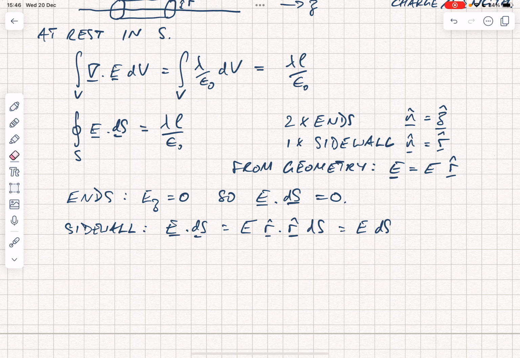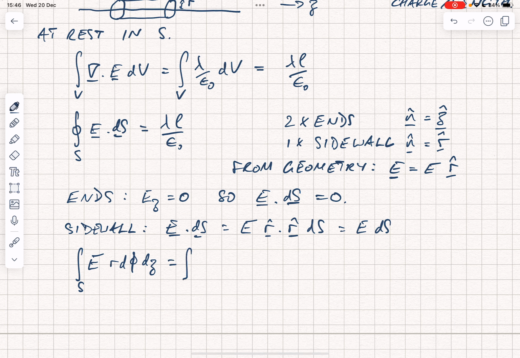So now our surface integral, which is no longer a closed surface integral because I've said that the end caps are 0, is going to be E, and then the surface element is going to be r d theta dz, sorry, not d theta, d phi. I probably shouldn't have used phi because that's going to confuse us, but remember that that's an angle at this point.